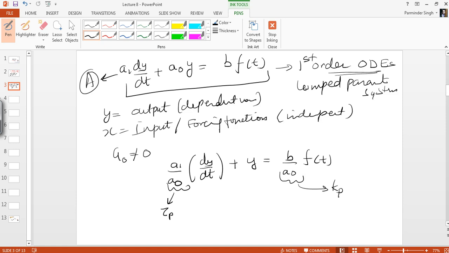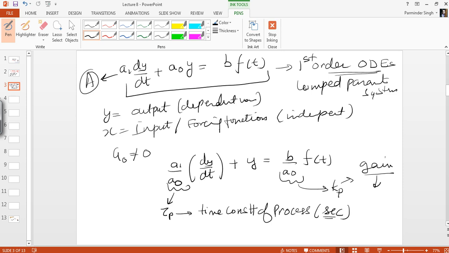Now tau p is called the time constant of the process, and it has units of time, let's say seconds, and kp is called the gain. It can also be called the steady state gain or static gain. They have different terminologies, but basically it's a gain.